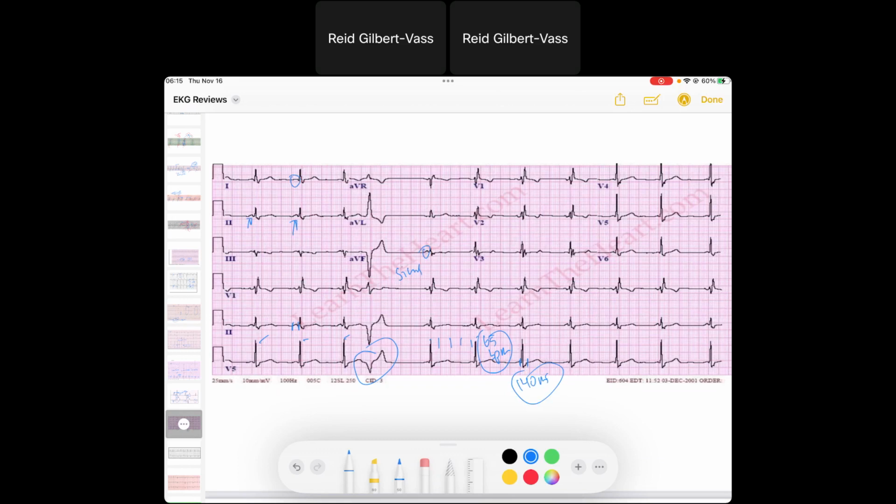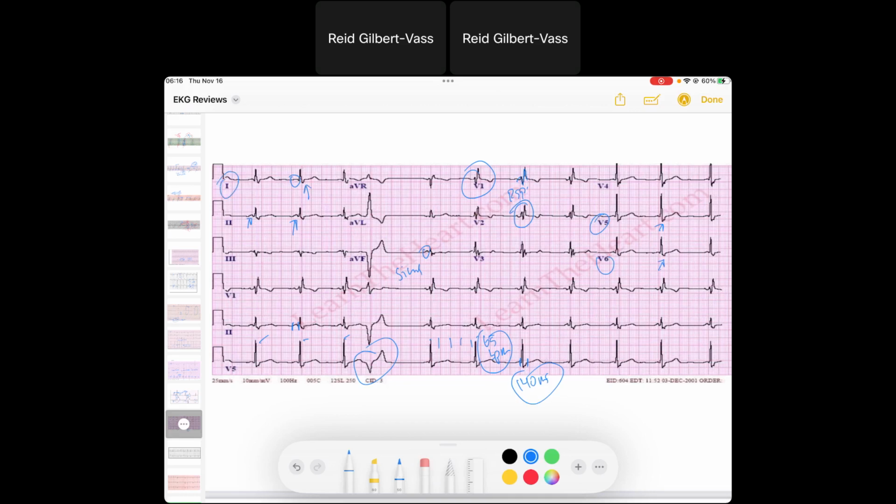And so if we look at our wide QRS, well, why is it wide? If you look at V1, we've got this RSR prime in V1 and V2. We've got these slurry S waves in the lateral leads.